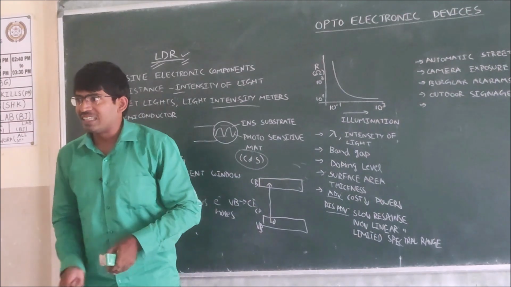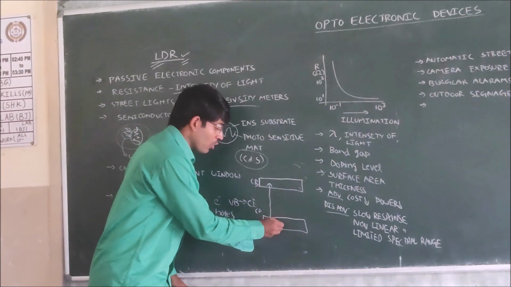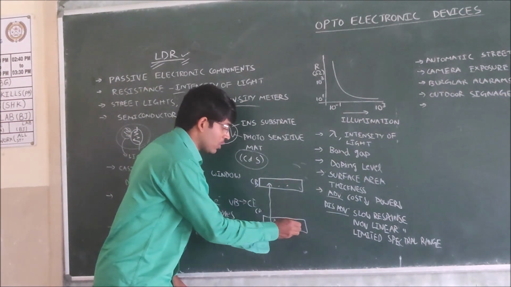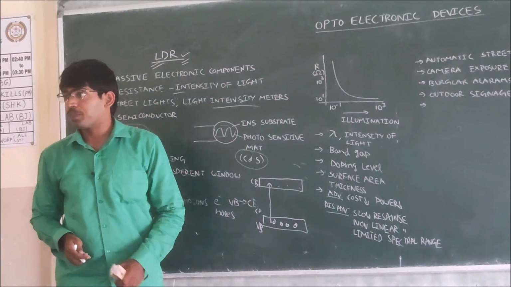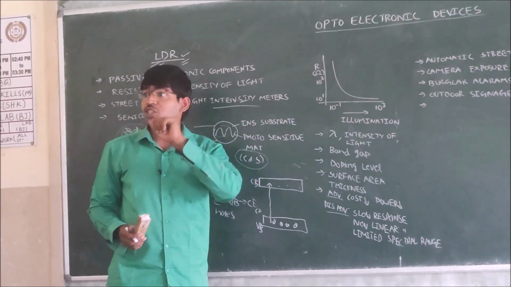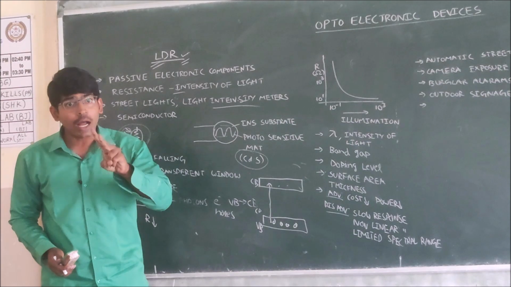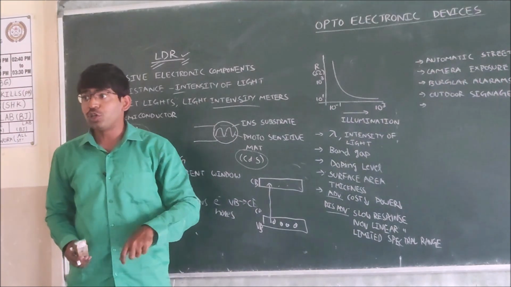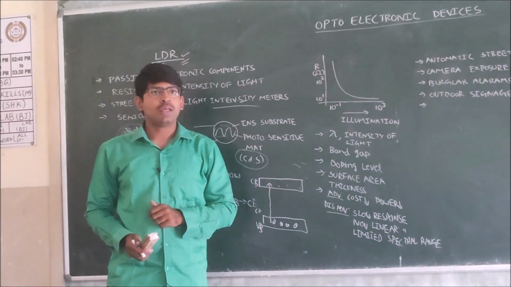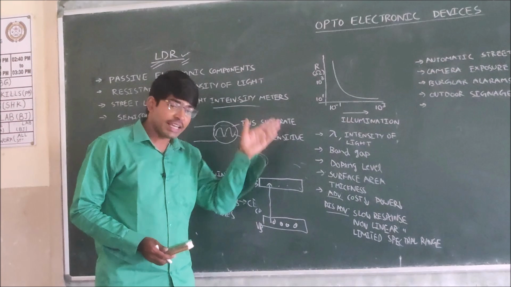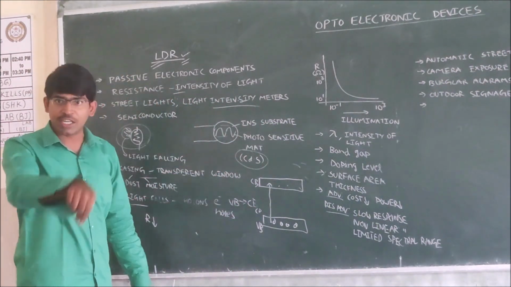We already discussed, it is an imaginary particle. If 4 electrons are moving from the valence band to the conduction band, then we observe 4 holes in the valence band. These are positively charged particles. The electrons are negatively charged particles. Now we are observing conductivity due to 2 particles, electrons and holes. These are the positive charge carriers, these are the negative charge carriers. Both are free charge carriers.